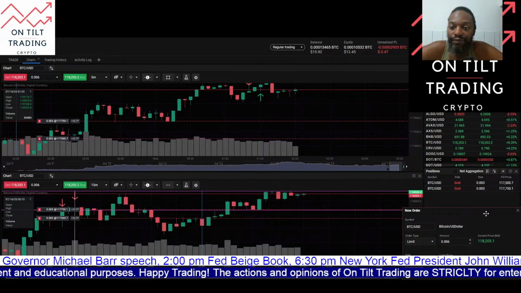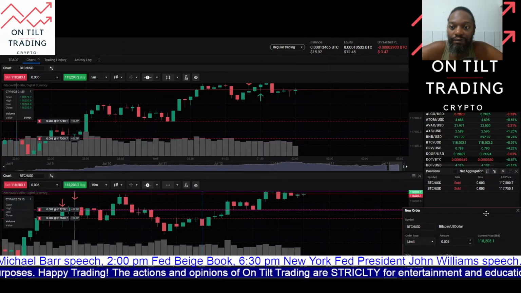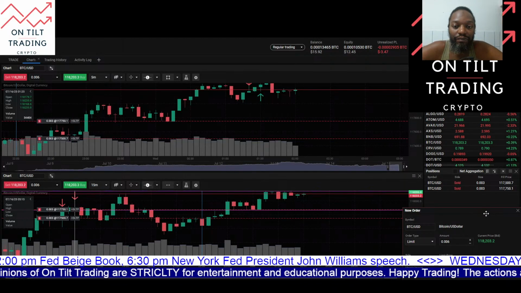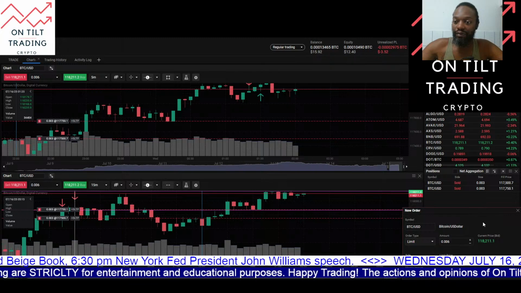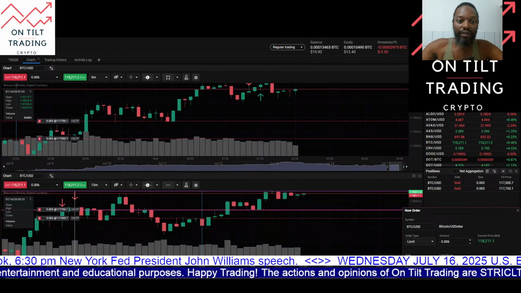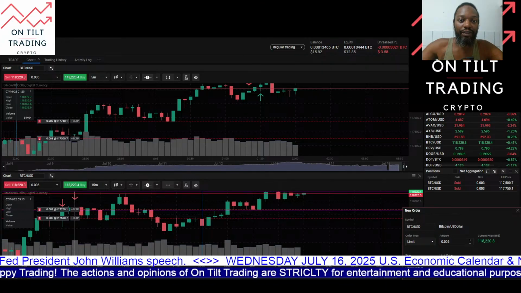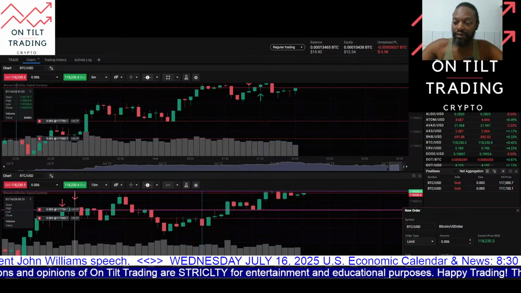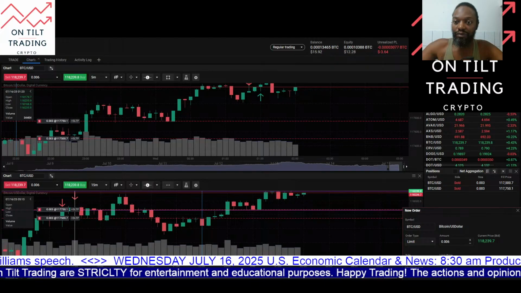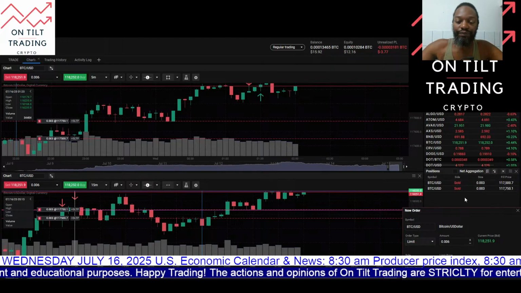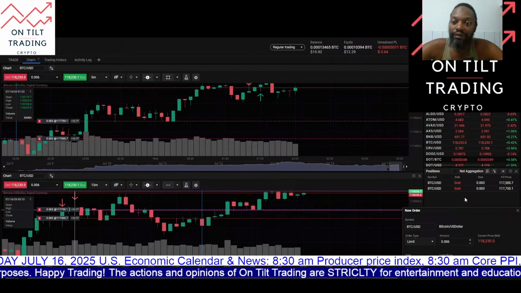118,200. See this level, 118,200, quite a lot of trade happening right in this area. 118,220, 118,250, buy side delivery with speed.